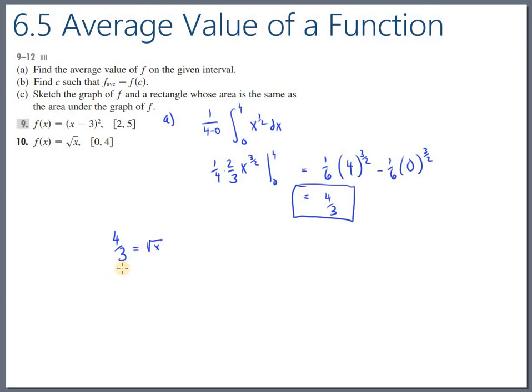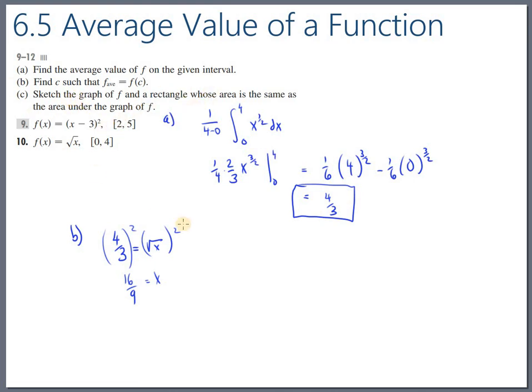We know how to solve this, so square both sides. And x is 16/9. Let's say the function should be equal to its average at 16/9. And part C then, so that was B. Part C says sketch the graph of the function, and the rectangle has the same area.